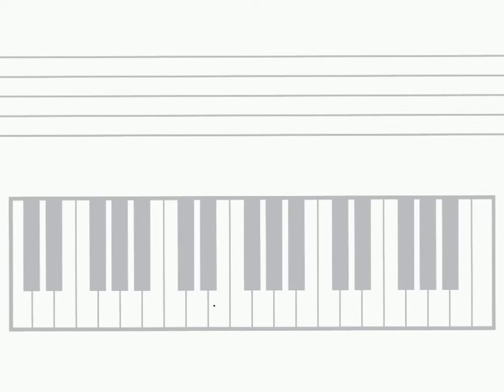So here's a half step that goes from E to F, where the very next note is the F without anything in between. Notice that there's no black key there. If I wanted the half step above A sharp, the very next note is this B. So now I'm going from black key to white key.